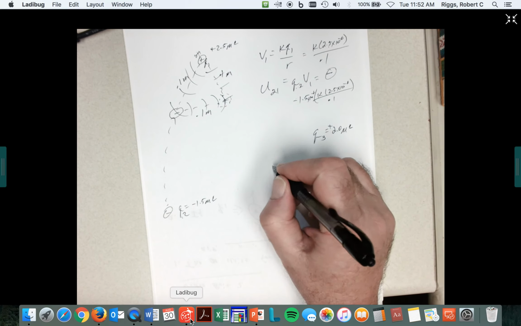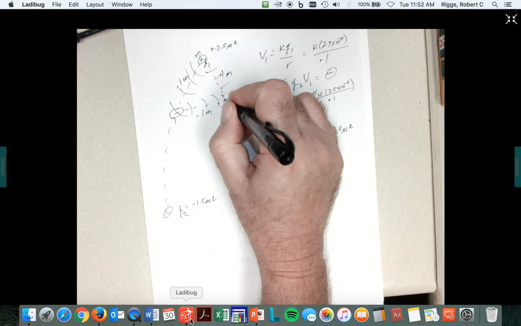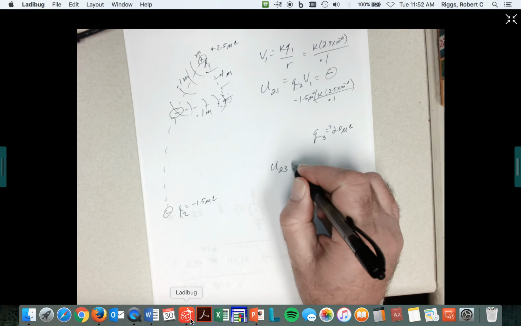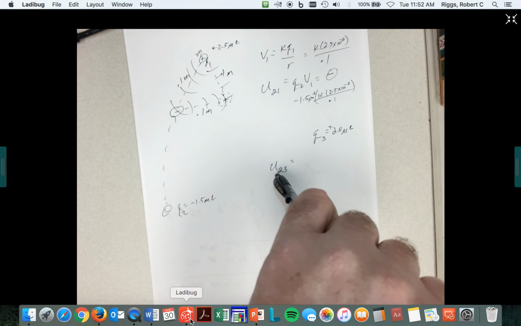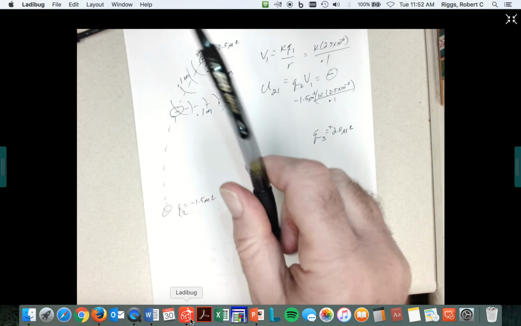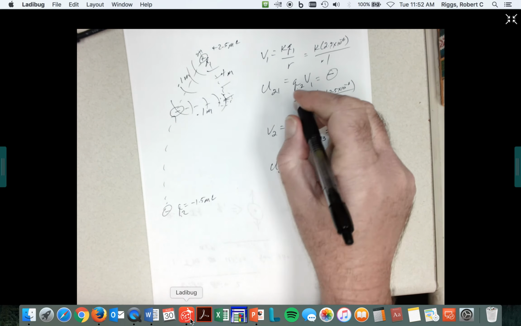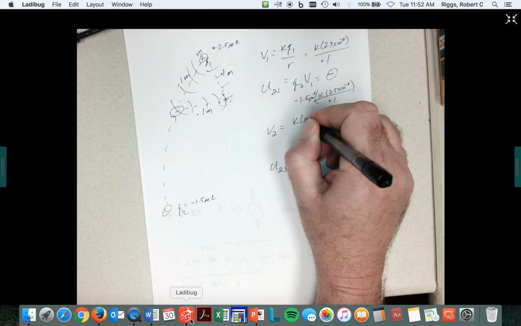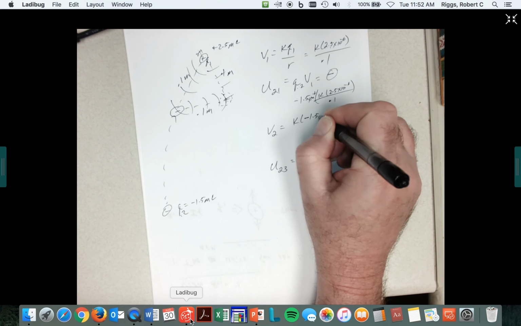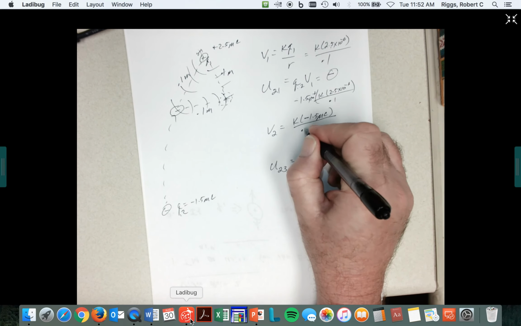So we're going to bring Q3 up. Let's see the energy required to bring it in, again by superposition, U23. The voltage caused by Q2, V2, is equal to k times negative 1.5 microcoulombs over 0.1.